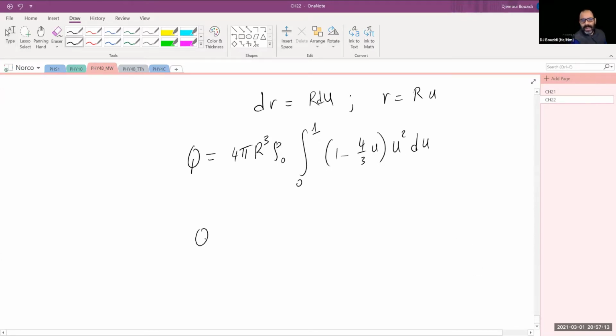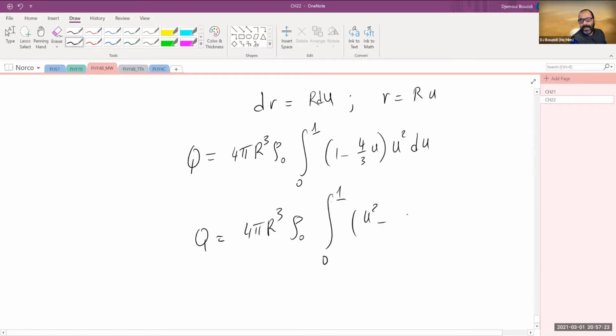So the integral again is going to be 4 pi R cubed rho naught, and I'm integrating from 0 to 1 of u squared minus 4 over 3 u cubed du. This integral is going to give me 1/3 of u cubed. This one is going to give me, first of all, 4 over 3, 1/4 of u to the power 4.